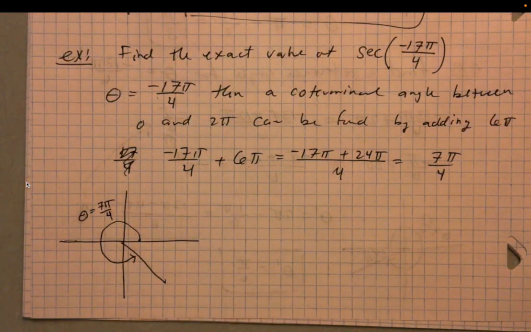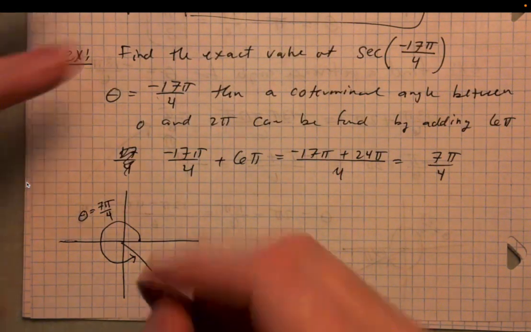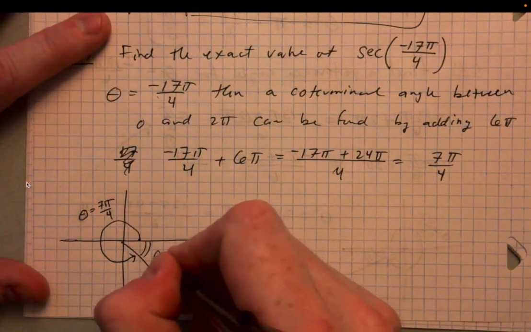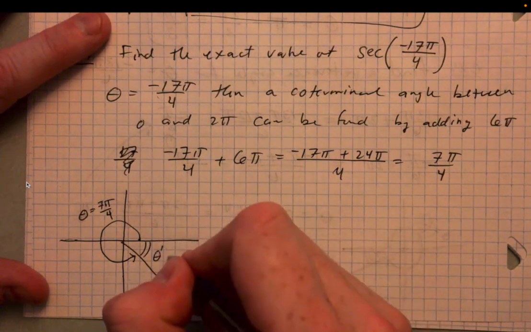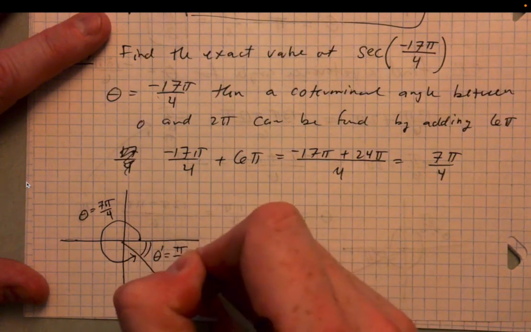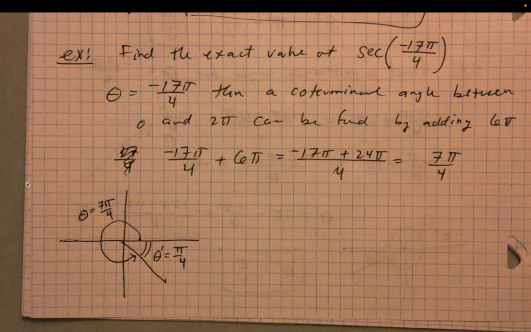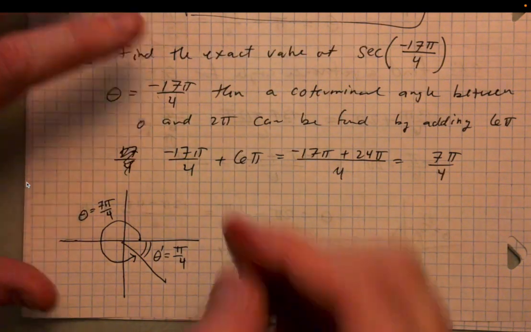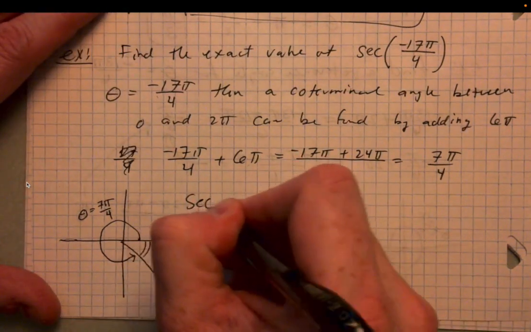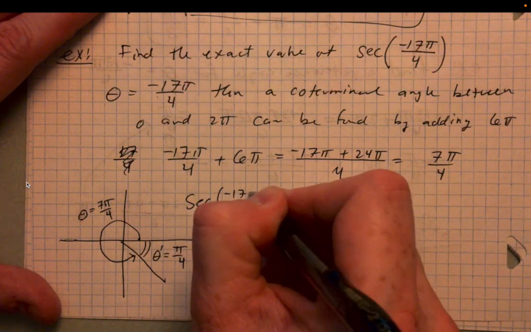Okay. We have identified a value for 7 pi over 4, but let's think through the reference angle. This must be this guy, and that's just going to be pi over 4, which is an easier one to think about. Pi over 4, we know, that's 45 degrees, isn't it? Right, and so we're looking for the secant of negative 17 pi over 4.